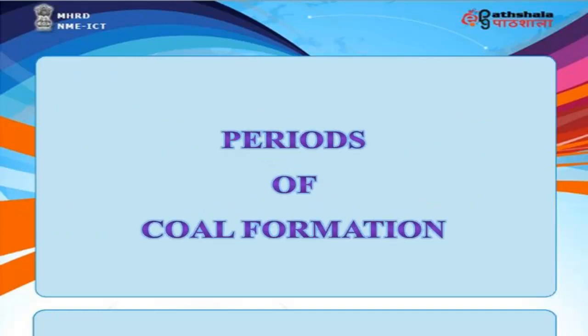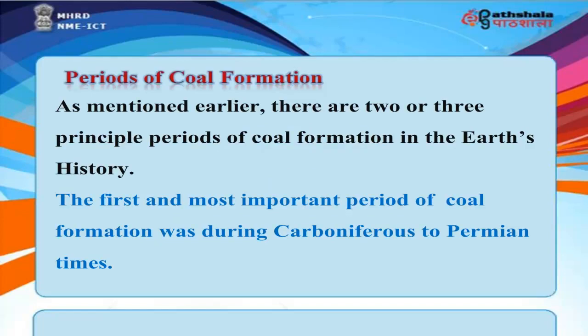Periods of coal formation. As mentioned earlier, there are two or three principal periods of coal formation in the Earth's history. The first and most important period of coal formation was during Carboniferous to Permian times.